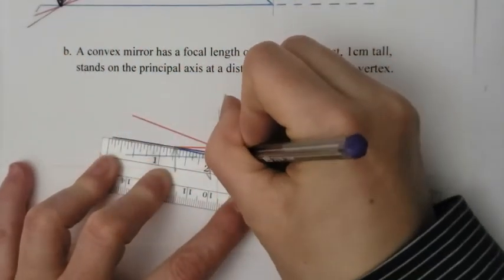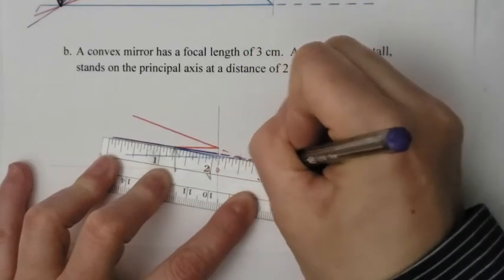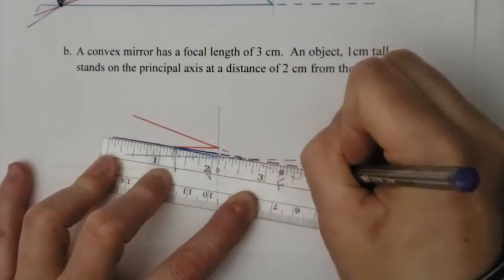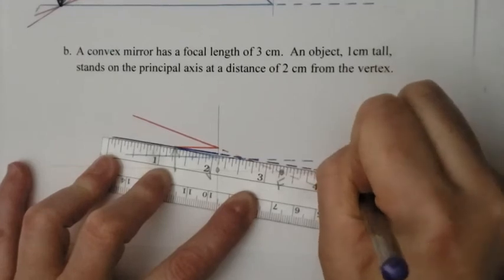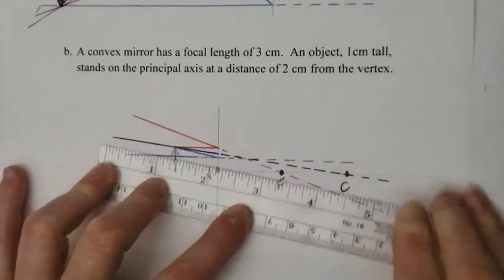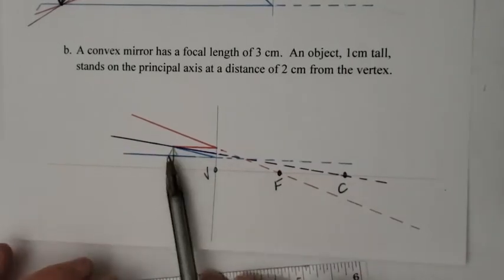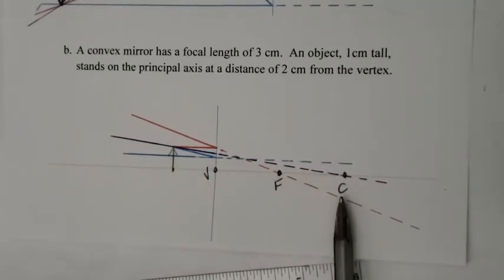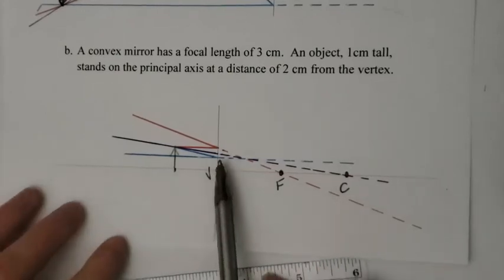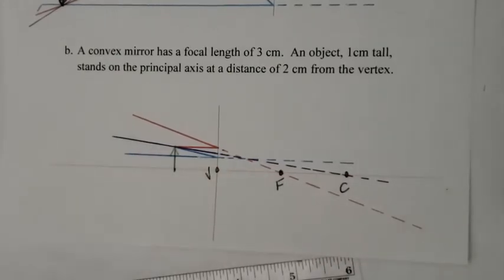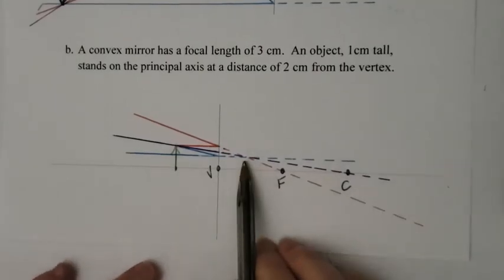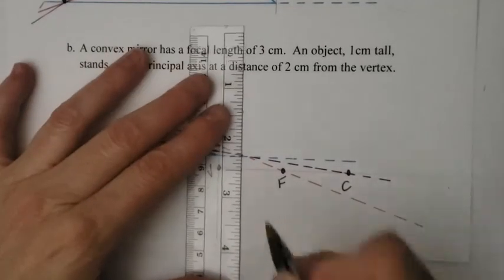But then what comes through the mirror, we draw as a dotted line. All right, so there's my third one that just goes through C. And the one that goes through the center of curvature is actually hitting it at a 90-degree angle, and that's why it just bounces straight back or goes straight through. Now, where the three lines intersect, which is right here this time, we're going to draw our image.